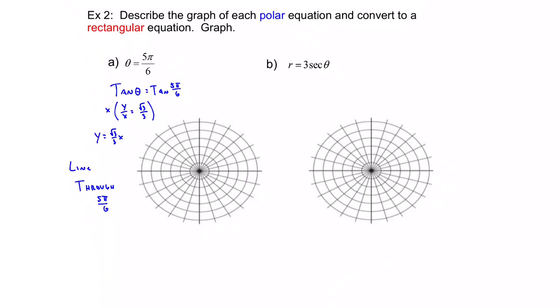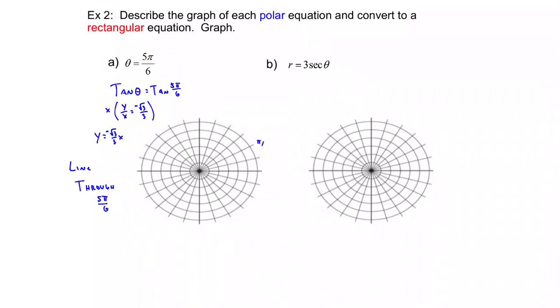All right, in 2a, we can write it as tangent of theta is equal to tangent 5 pi over 6. Tangent of theta is equivalent to the ratio y over x. Tangent of 5 pi over 6 is square root of 3 over 3, and that's actually negative. And so y is equal to negative square root of 3 over 3 x. It's going to be a line through 5 pi over 6, that angle.